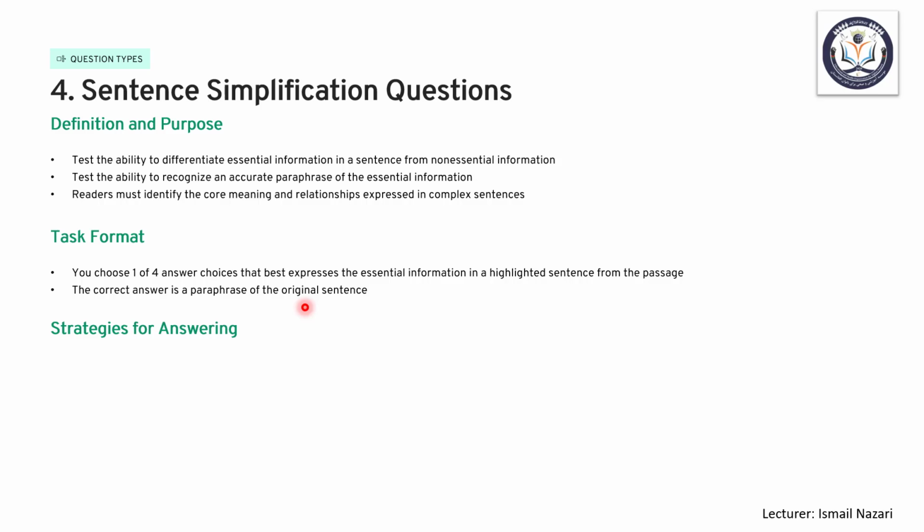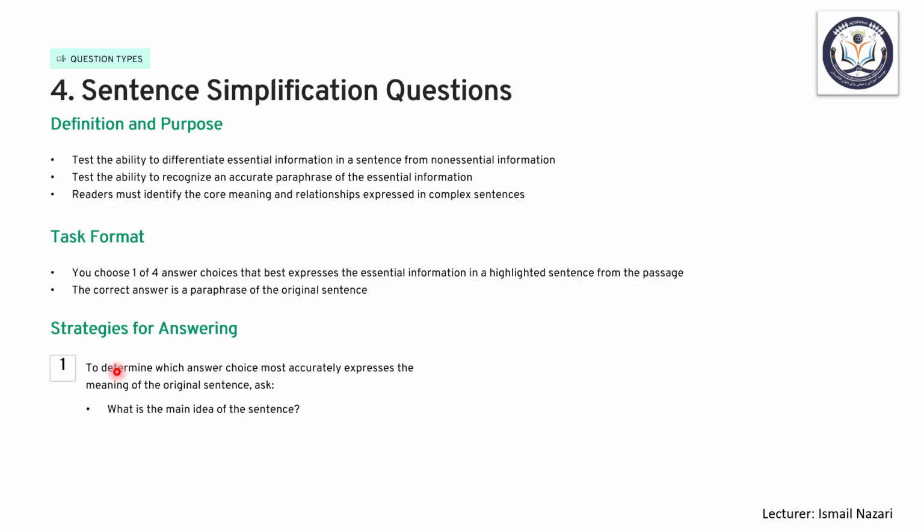Now, the thing is how to answer, or what strategies to use. The first thing is we need to try to determine which answer choice most accurately expresses the meaning of the original sentence.